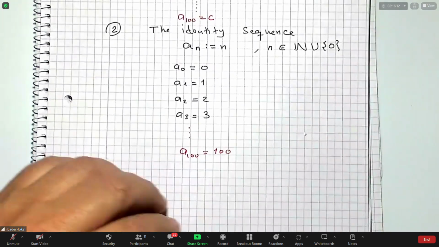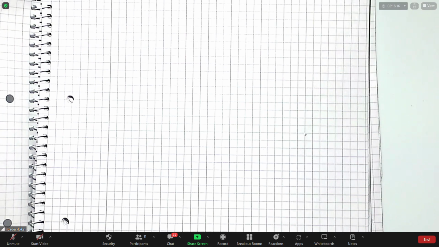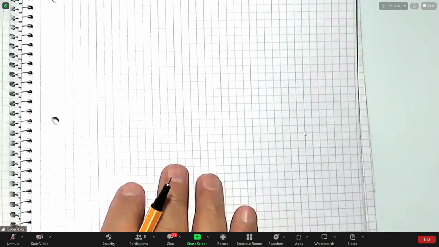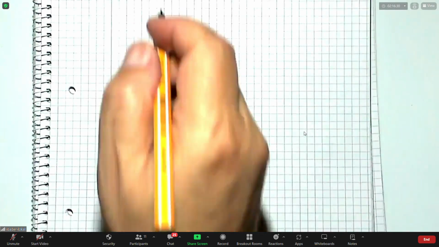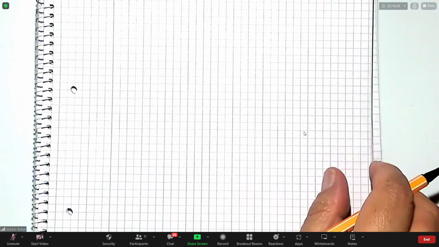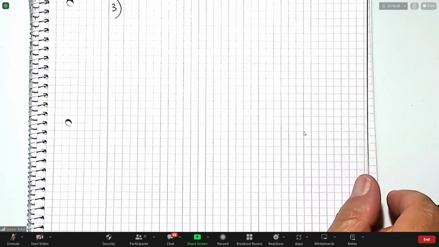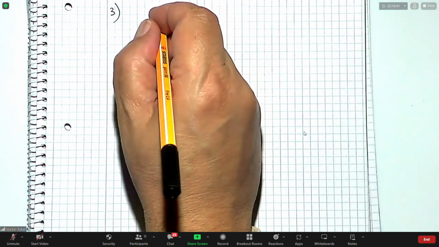Now let us move to the next type of sequence, which is a very important sequence, and it also has very nice features. I will just try to list some of them. You can think about it as the reciprocal of the identity sequence.